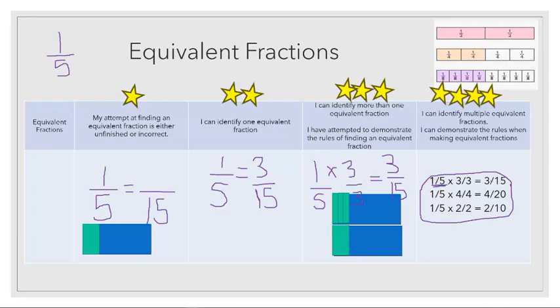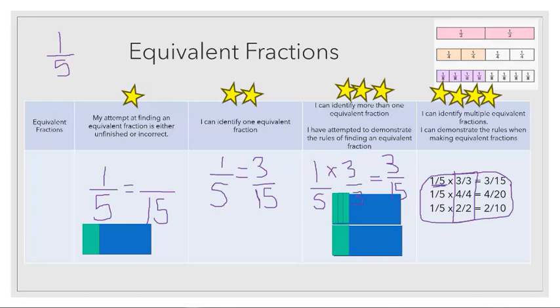So 1/5 is the same as 3/15, 1/5 is the same as 4/20, and 1/5 is the same as 2/10. And you can see that each time I've multiplied top and bottom by the same number. The denominator and numerator have been multiplied by the same number to find my equivalent fraction.